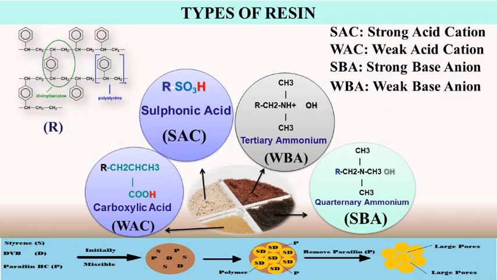So we have strong acid cation, weak acid cation, strong base anion and weak base anion as a part of the ion exchange process. They act on the principle of adsorption, which is a surface active phenomenon.